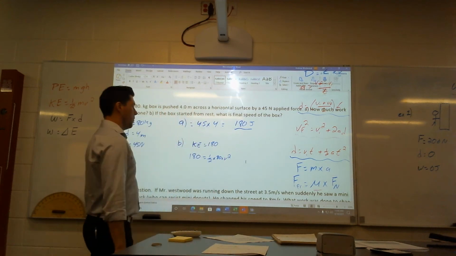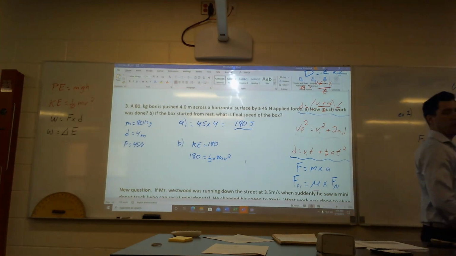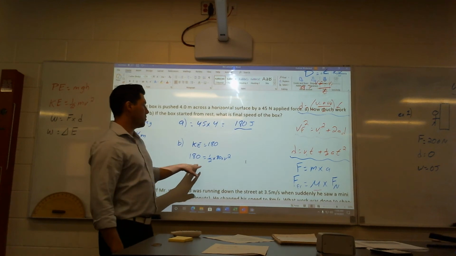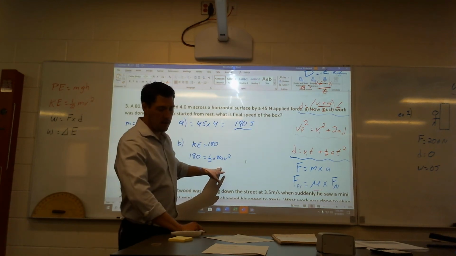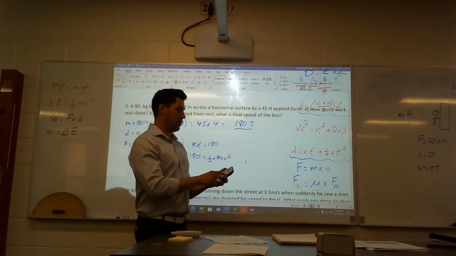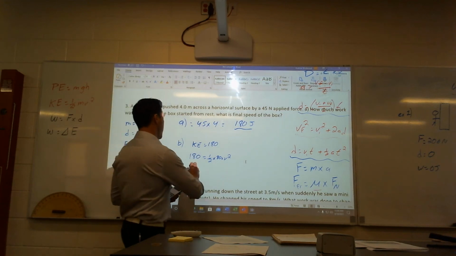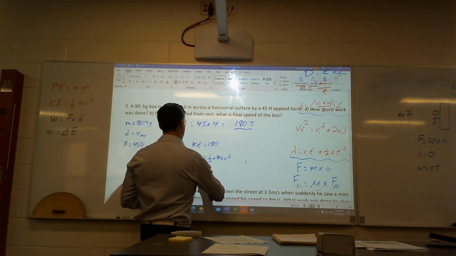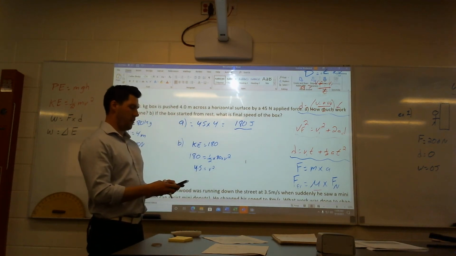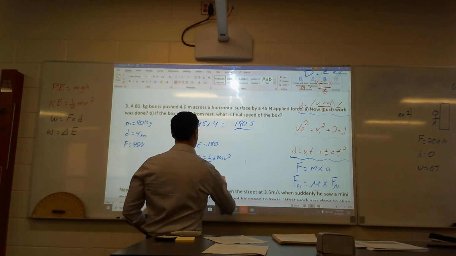So that makes it 360. 360 divided by 80, I get 4.5 equals v squared. And if I square root 4.5, I get 2.1. My velocity will be 2.1 meters per second.